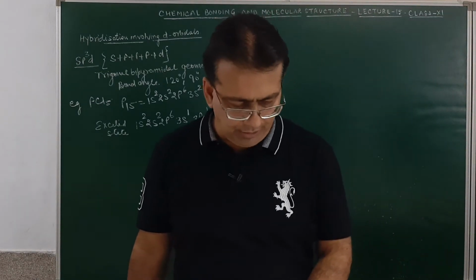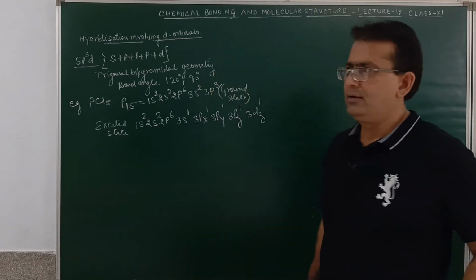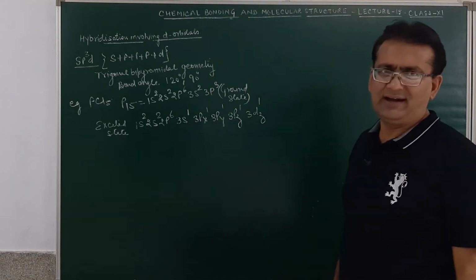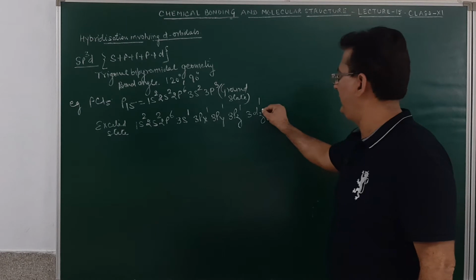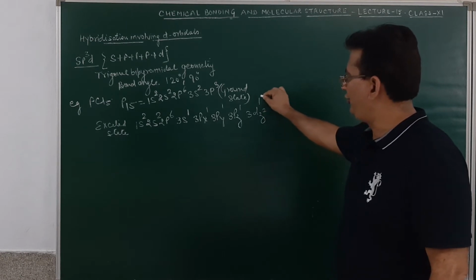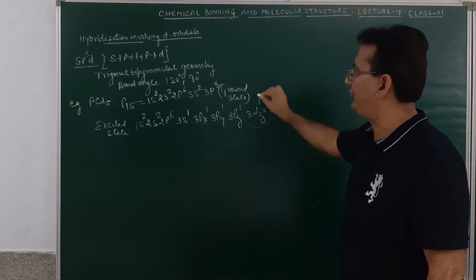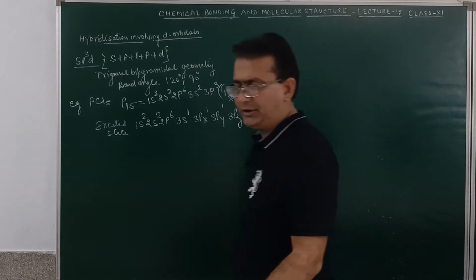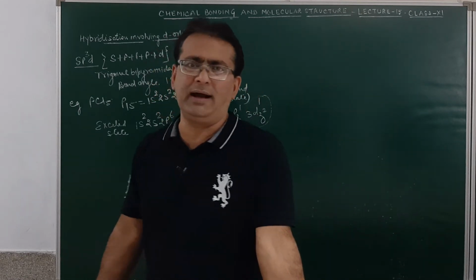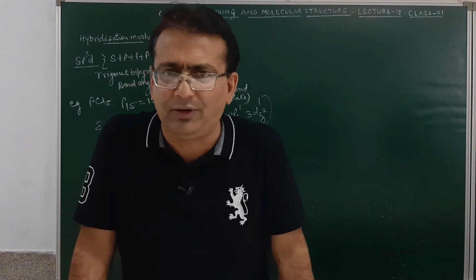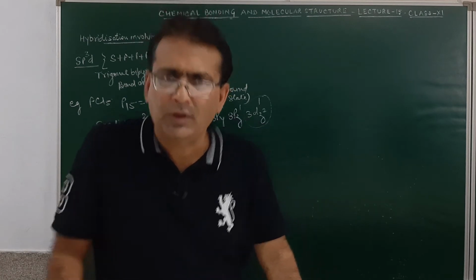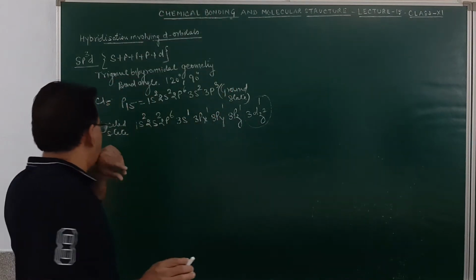The various d orbitals are dxy, dyz, dzx, dx square minus y square and dz square. This is very important, a question in the examination. Which d atomic orbital participates in the sp3d type of hybridization? It will be dz square.